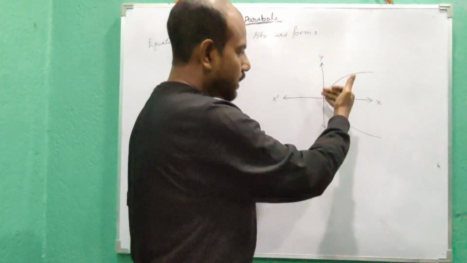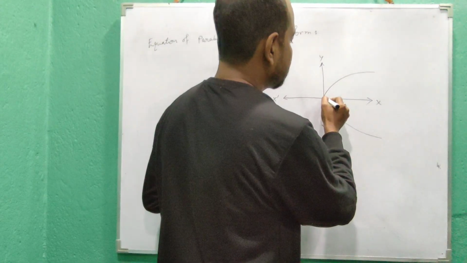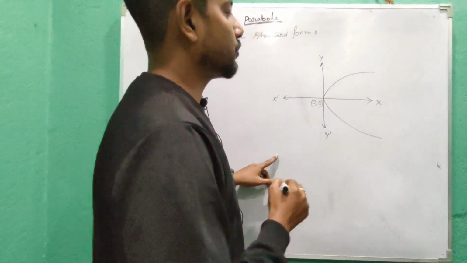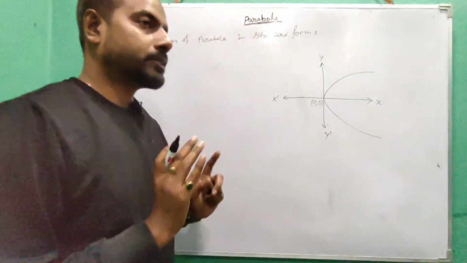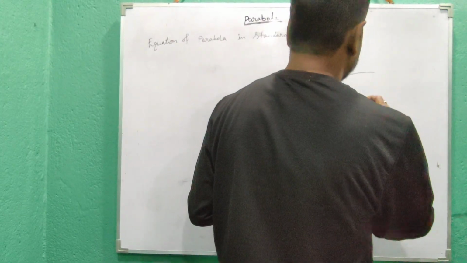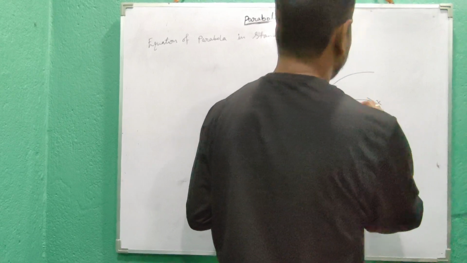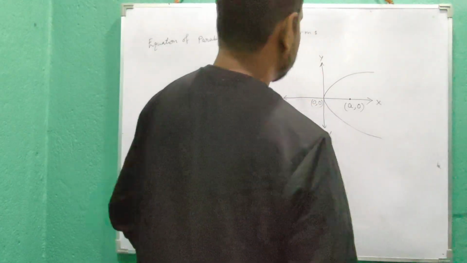Suppose this is a parabola whose vertex is at 0, 0, and the x-axis is the axis of this parabola. Now, let this point be a comma 0, which is the focus of this parabola.